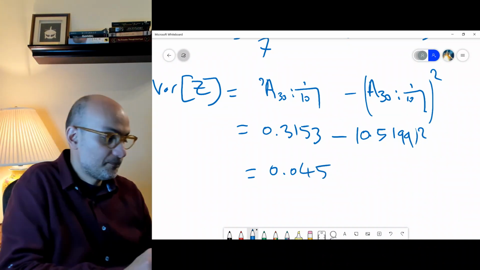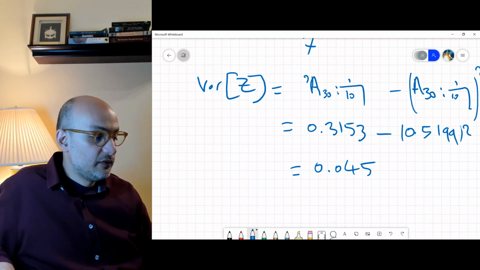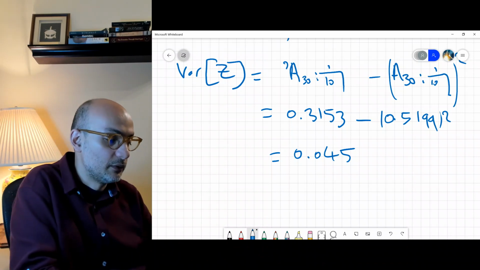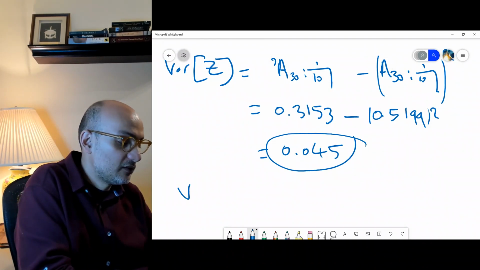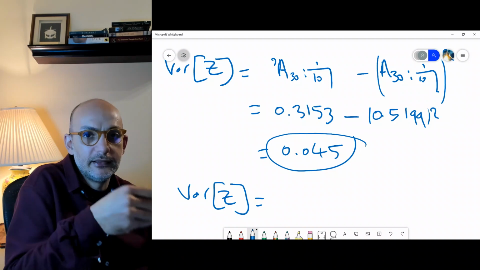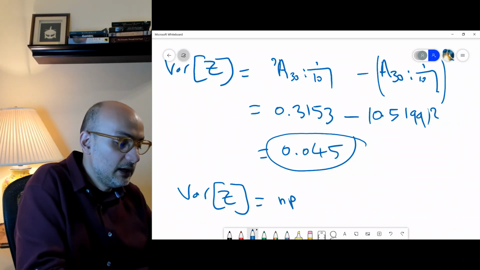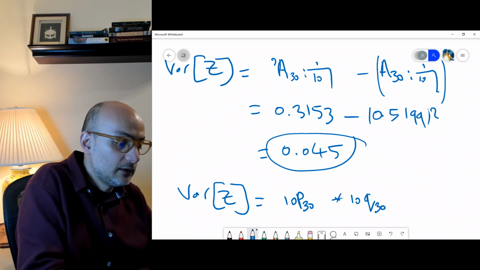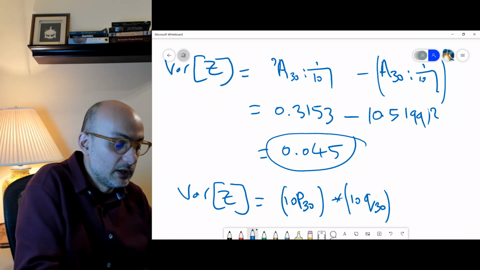Now this is one way. Now let's verify if the other way works. The other way, if you remember, this is a Bernoulli distribution. All you need to do is take the probability and its complement. So 10p30 multiplied by 10q30, the probability and its complement. They add up to 1, but we need to multiply them.